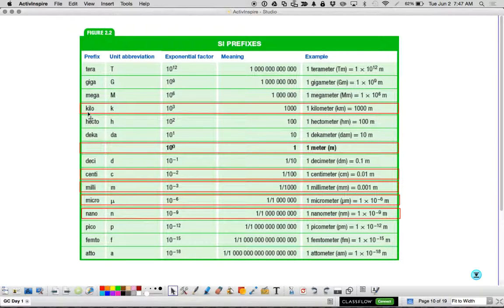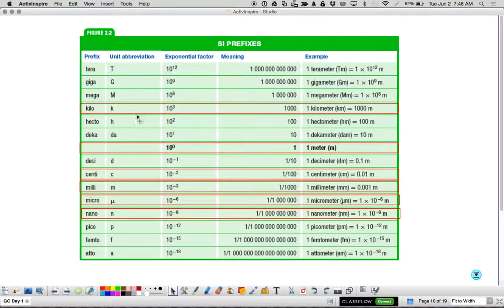Not 100% sure why, but in my time in chemistry, I've basically only seen deca used once, and I've never seen hecto used at all. So these are things that I expect you to be able to know.